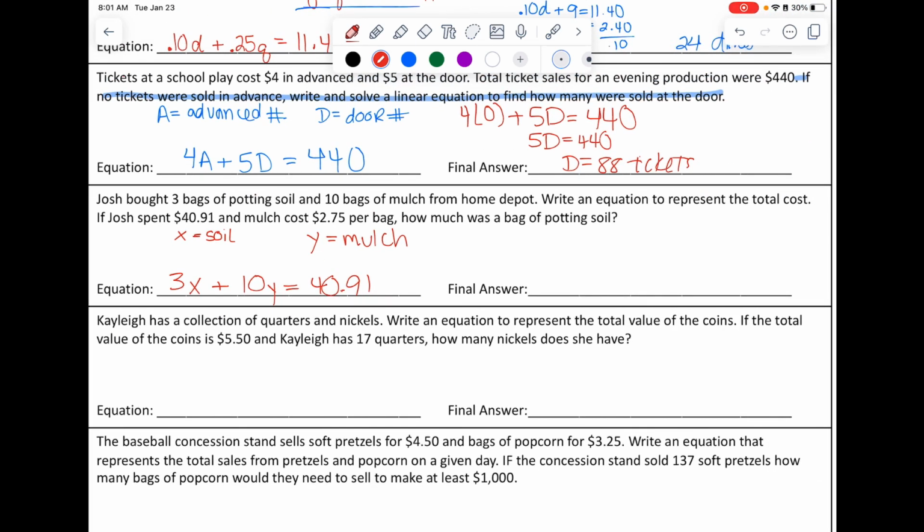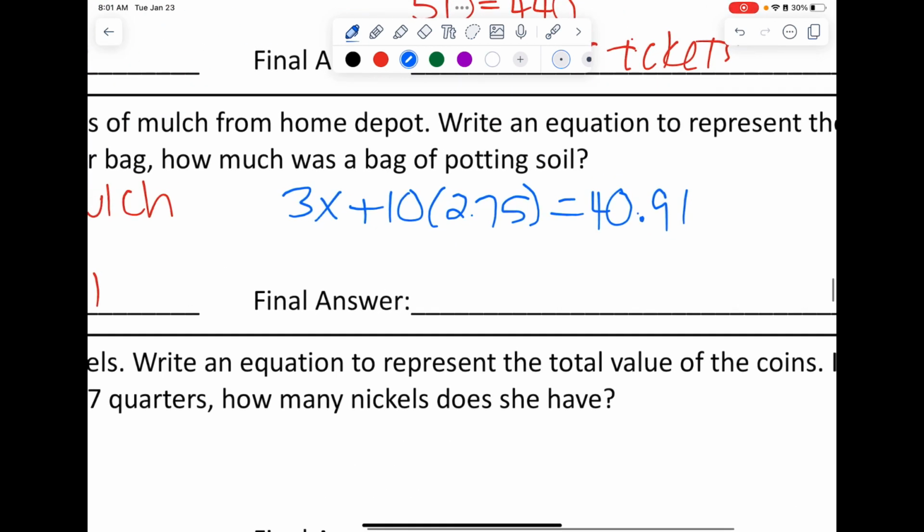And then it says if mulch costs $2.75, that's Y for me. We're going to plug in that $2.75 for Y. Multiply in your 10 to get 3X plus 27.50.